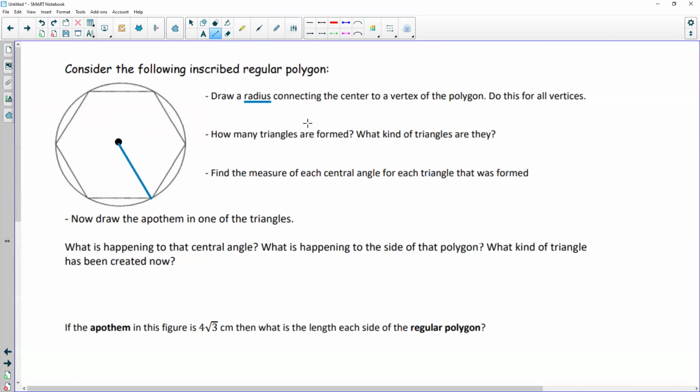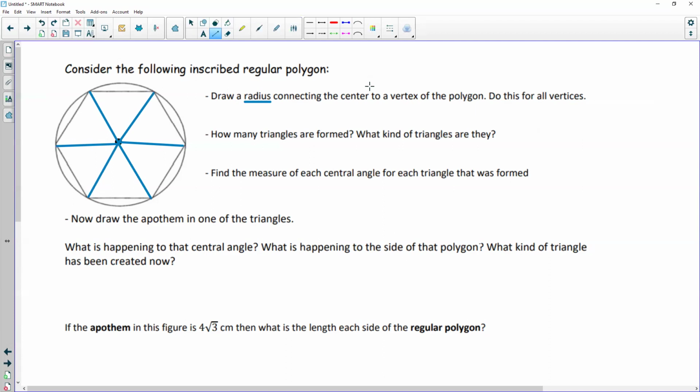Okay. We're going to do that connecting the center to vertex of the polygon. And now it's asking us to actually do this for all of the vertices. So we're going to do that again here. We'll do it here for every single vertex. Okay, so I'll give you guys a second to draw that in.